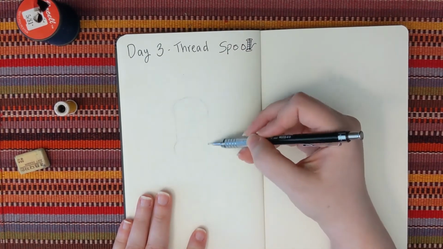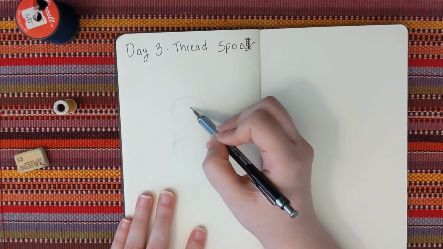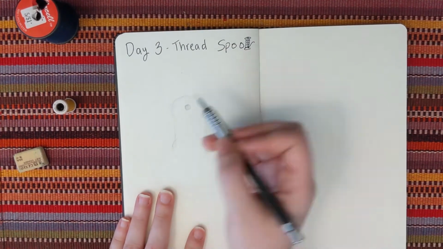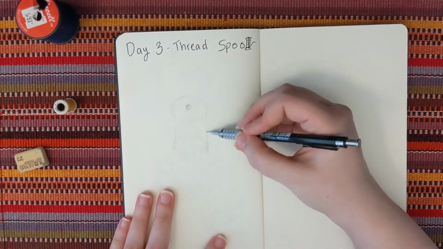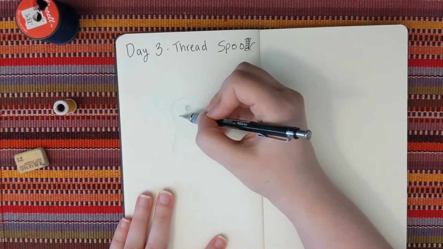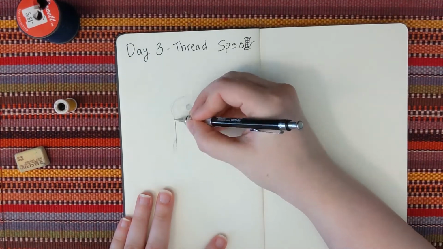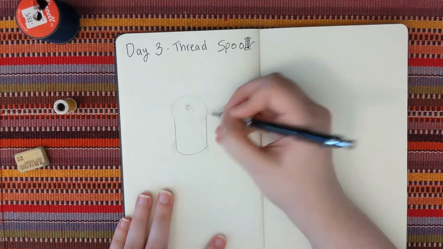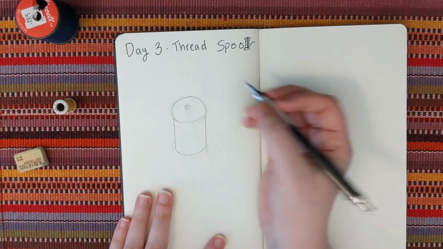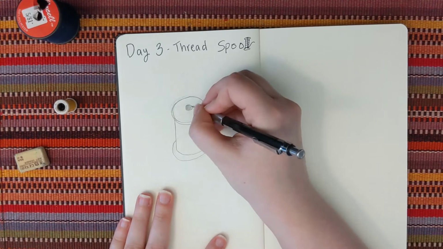So I'm roughing out the outer shape, kind of taking a note from our contour line drawing and doing the outside. Now I'm roughing in the top and bottom circles of the actual spool. I have found some lines that I really like, so I'm just darkening those.